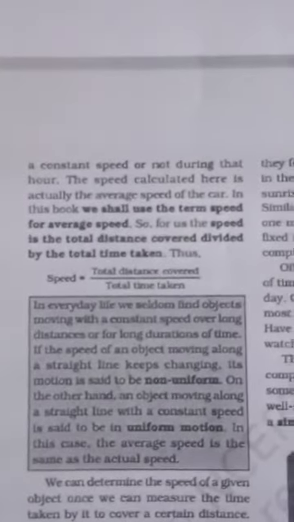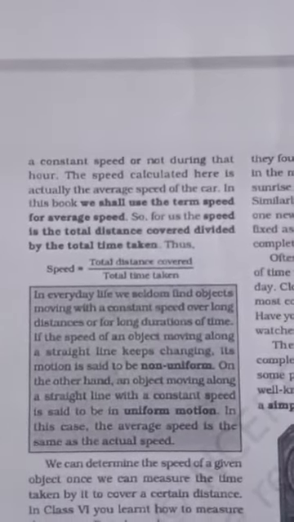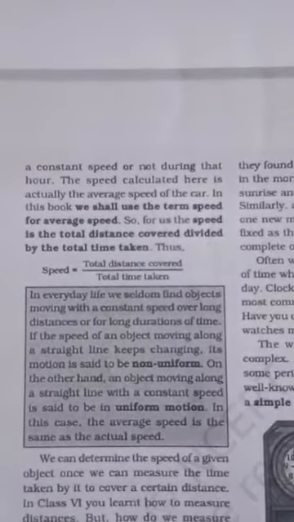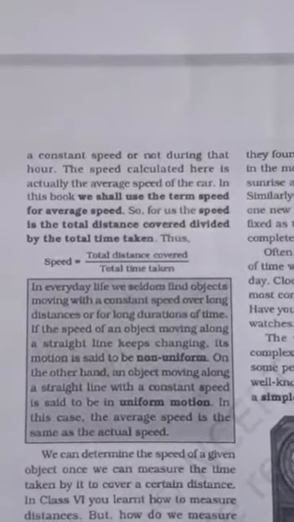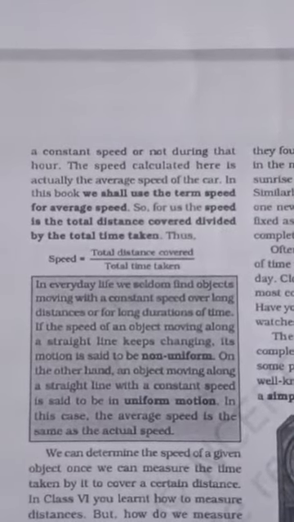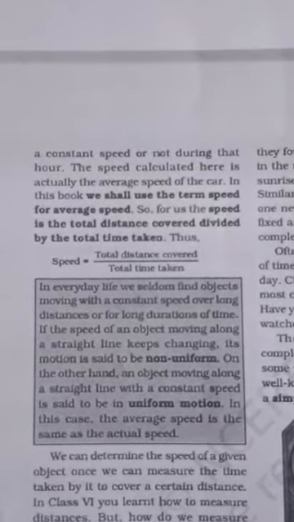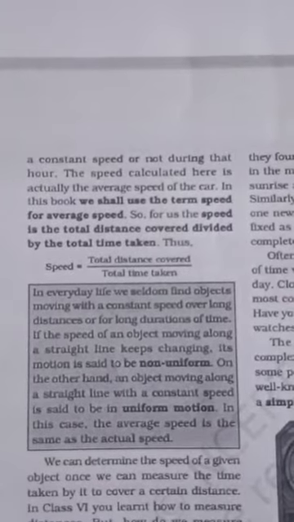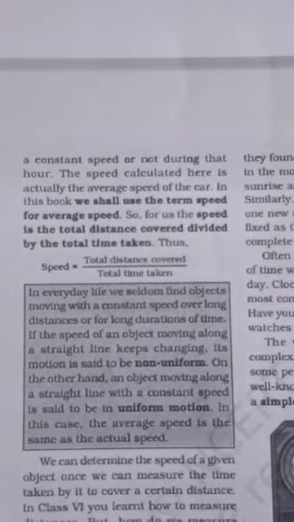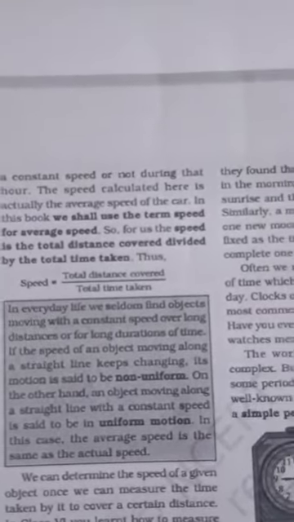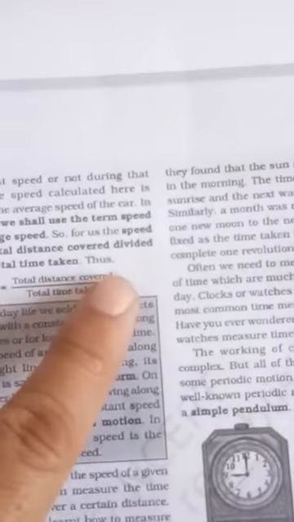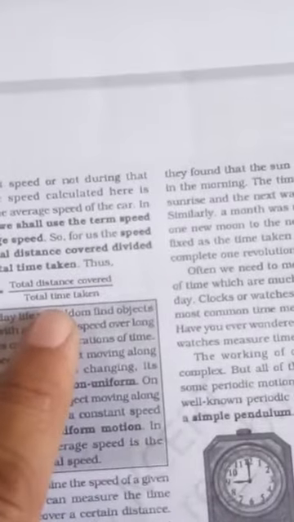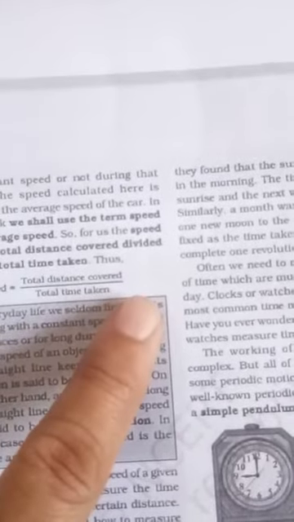Students, according to the definition of speed, speed is the total distance covered divided by the total time taken by that body. Its SI unit is meter per second. The distance unit is meter, and the time unit is second.